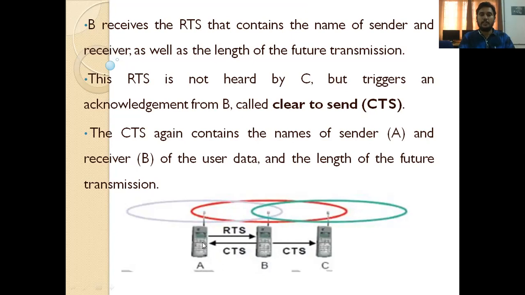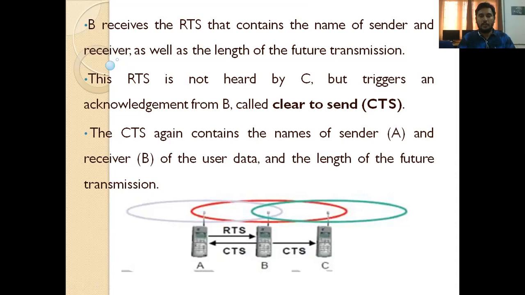For example, if A starts transmission at 9 a.m. and uses the channel up to 9:40, then B is free at 9:40 and one second. So B sends the CTS frame to C after 9:40, and only then does C transmit the data to B.